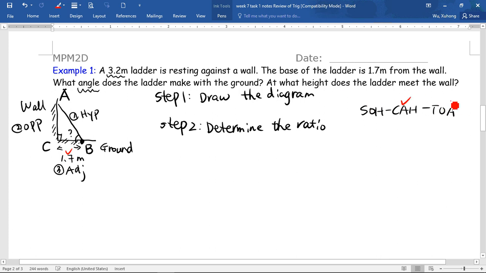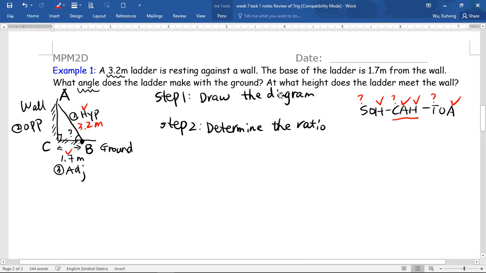Adjacent is given, and the length of the ladder is given, so hypotenuse is given, and it's asking you for the angle, so for all the sine, cosine, tangent, the angle is a question mark. Then we are going to see which ratio has three symbols above the three letters. So this one you have two ticks, one unknown. This is what we want. The others do not have enough information.